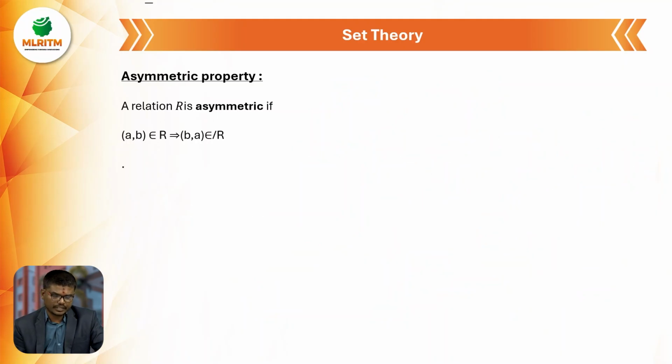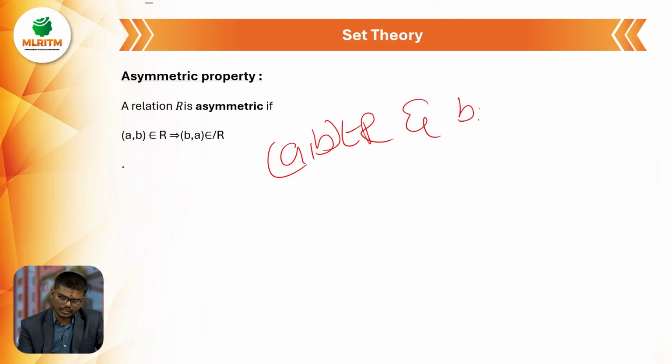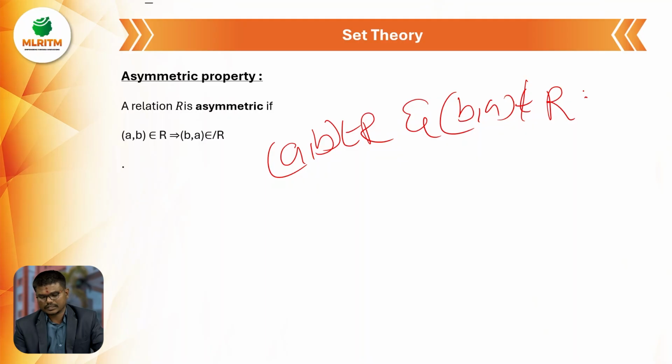And the asymmetric property: a relation R on set A is asymmetric if it satisfies a comma b belongs to R and b comma a does not belong to R. This is the condition for the asymmetric property.